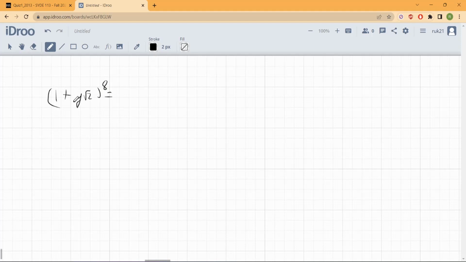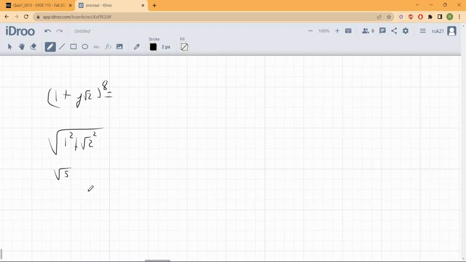The way we get the modulus is we take the square root of a squared plus b squared, right? So it's going to be the root of 1 squared plus root 2 squared, and that's just going to be equal to root of 5.